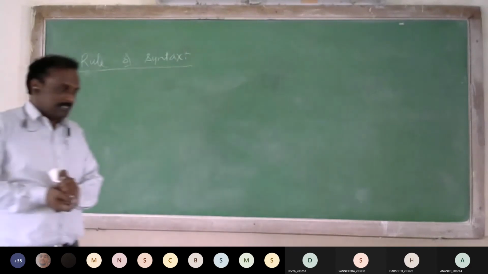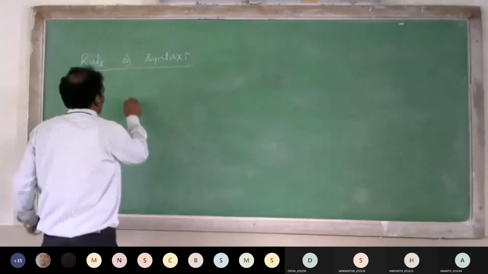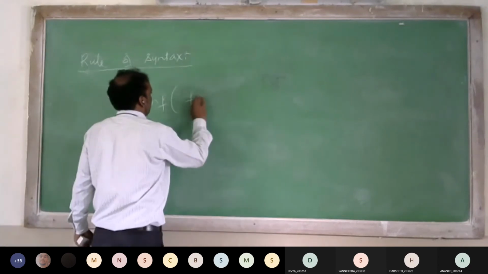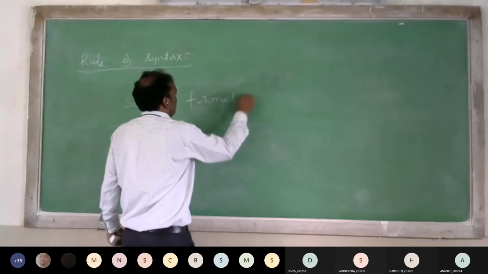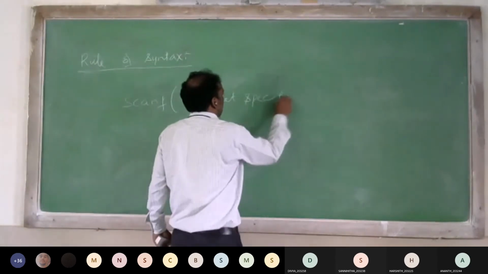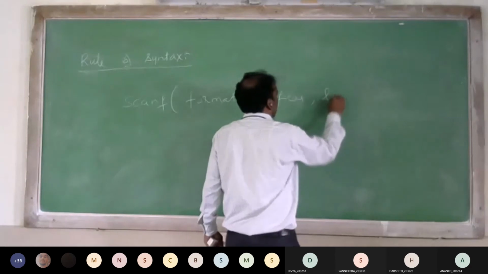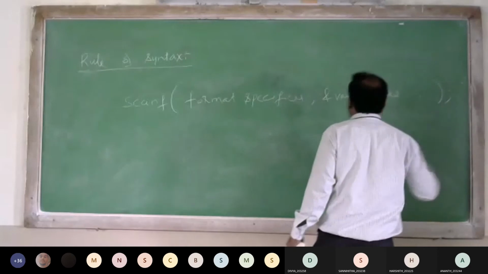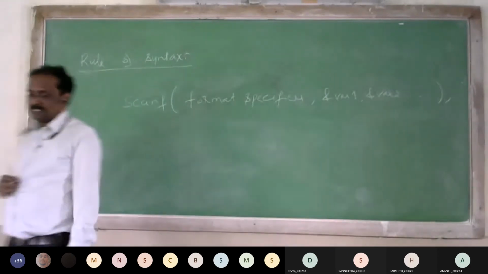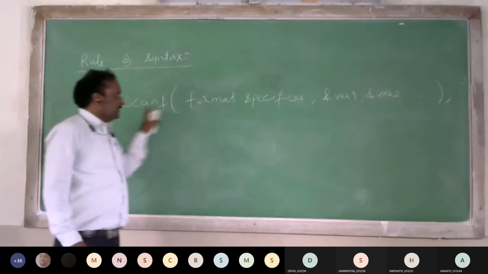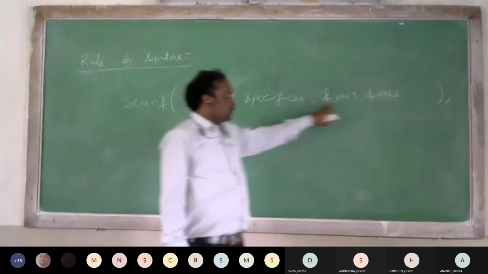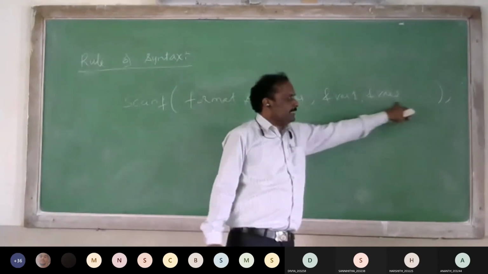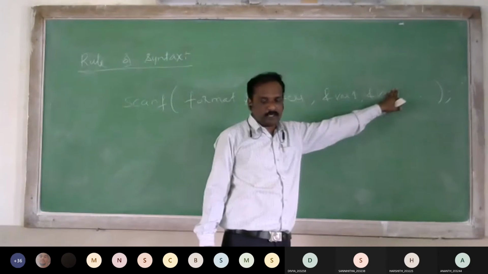Scanf, format specifier, comma, address of variable 1, comma, address of variable 2, etc. So scanf takes two arguments. One is the format specifier, another is the comma separated address of variable.